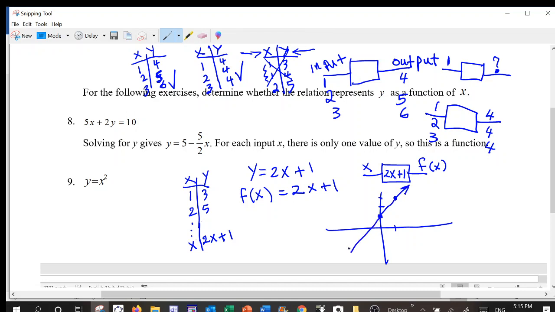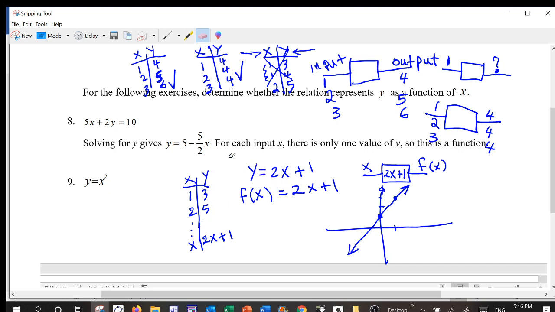So every graph in a 2D coordinate plane is what? A relation. Every graph is a relation. Now, some graphs are functions, but all of them are relations. So in the form of a graph, we can represent this function. We can represent it algebraically, or we can represent it in a tabular form.